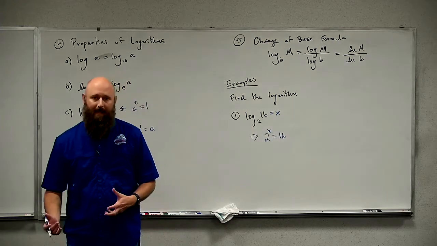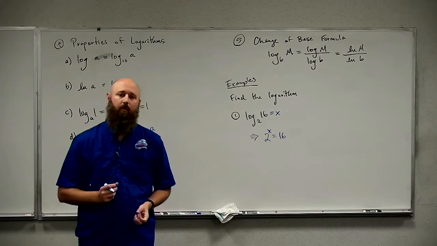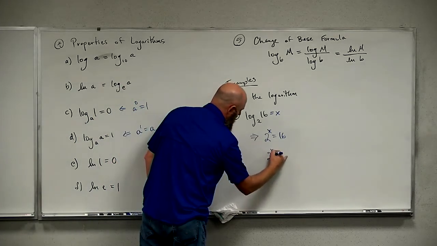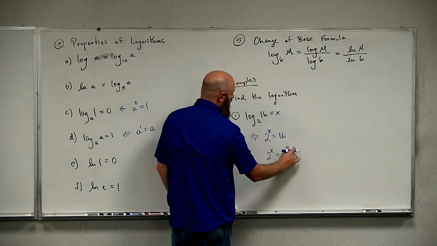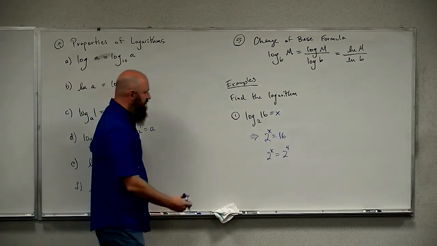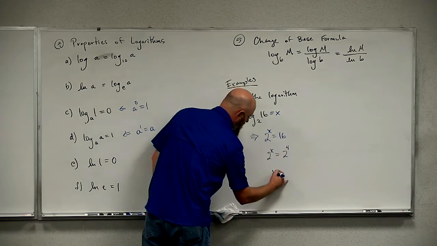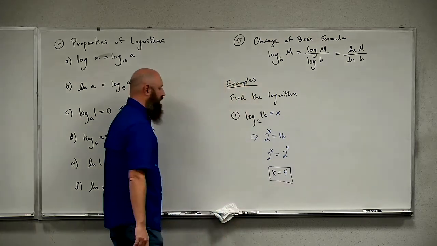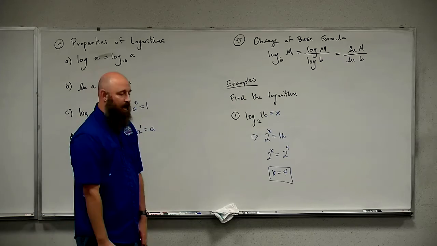Can I take 16 and write it as 2 to some power? I can: 2 to the 4th power gives me 16. Since our bases are the same, our powers must be the same, so x must equal 4. That is our answer, and that is one way to do the problem.